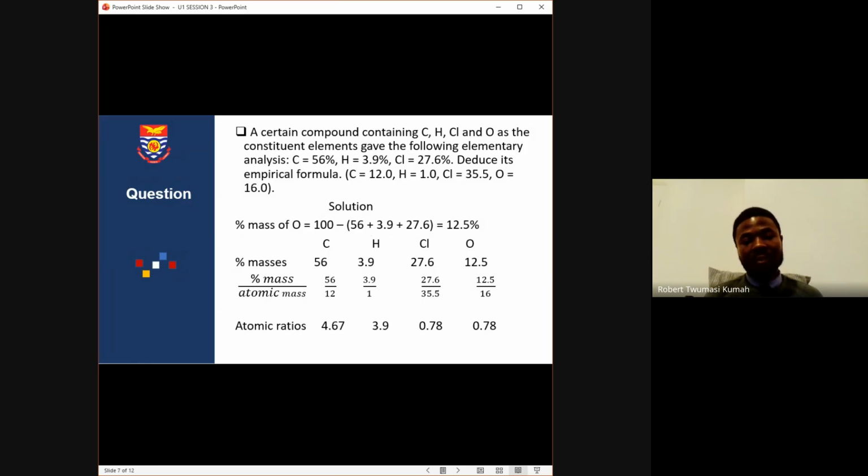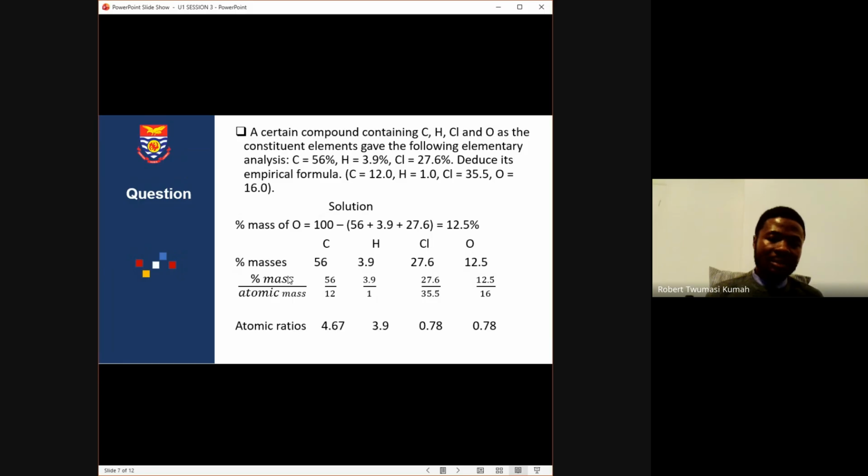But if not the case, you will have either the masses or the percentage. It could even be in decimals or something.